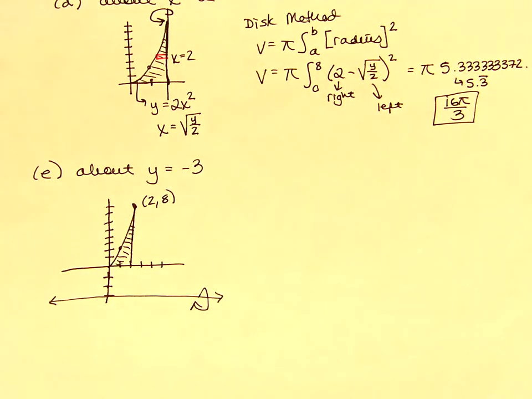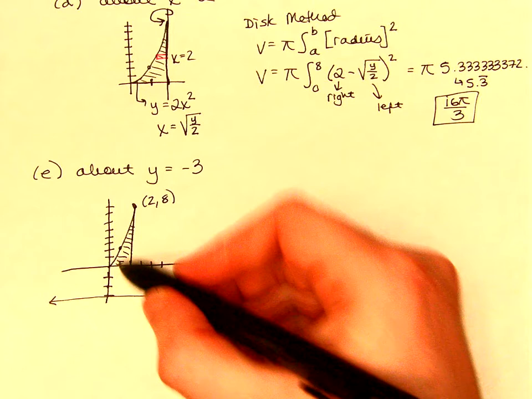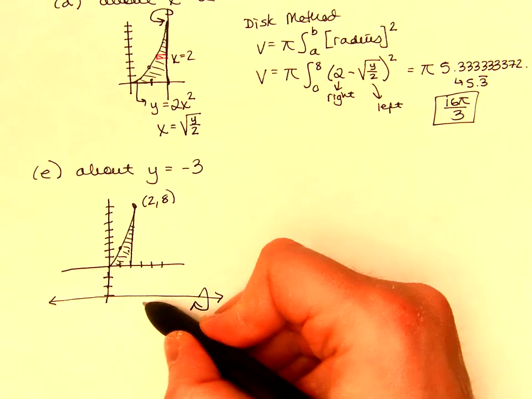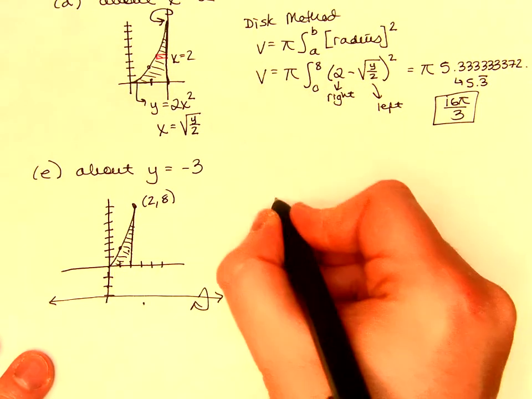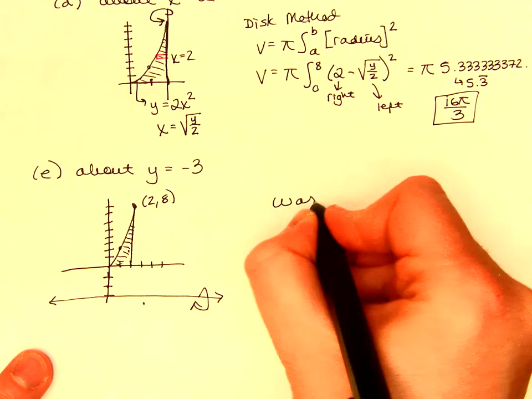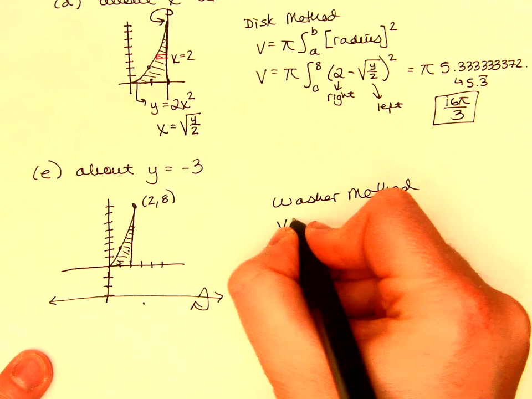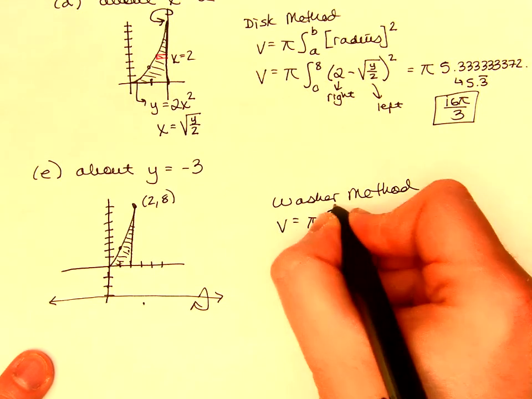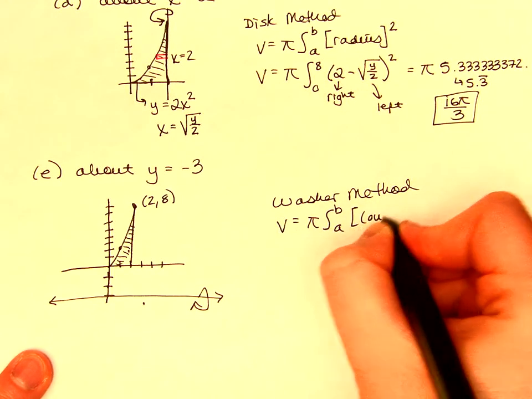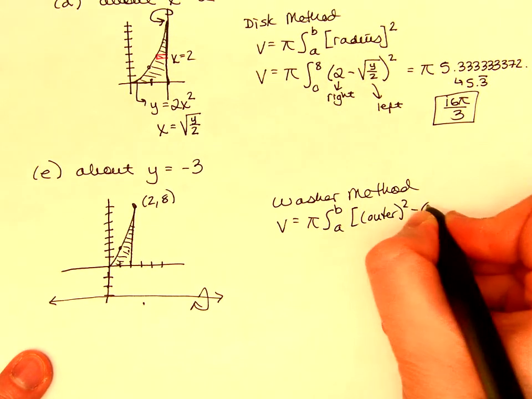Here's my region, going about this line. Washer method because of all this space over here. Volume equals pi times the integral from a to b of the outer radius squared minus the inner radius squared.